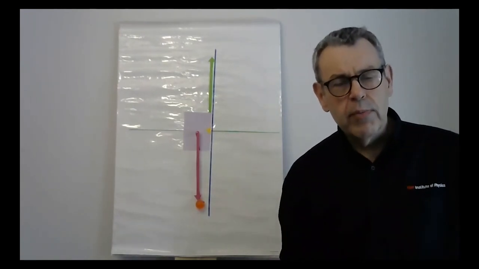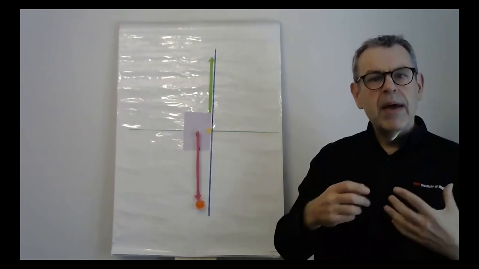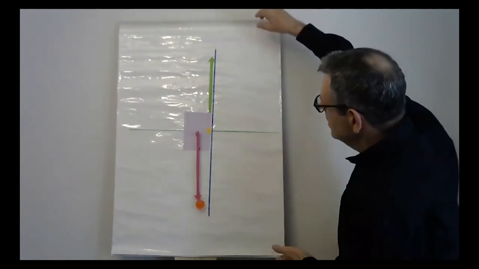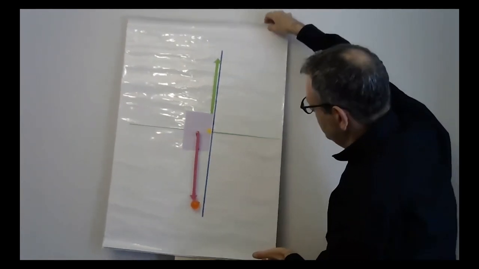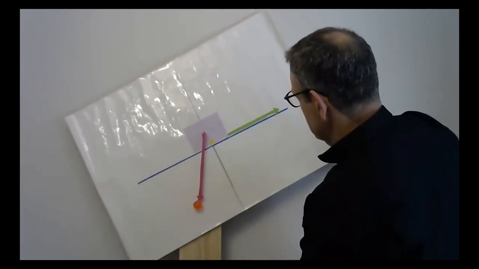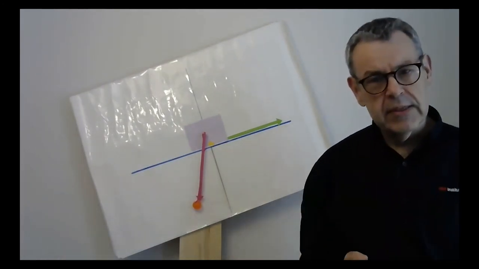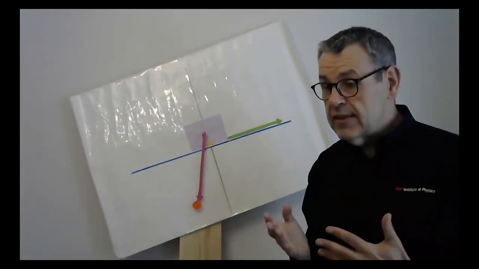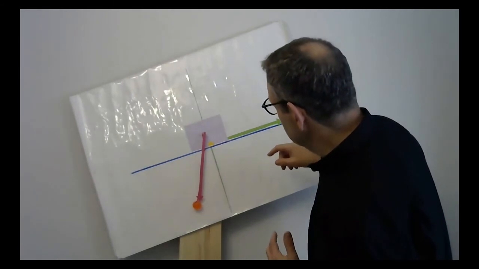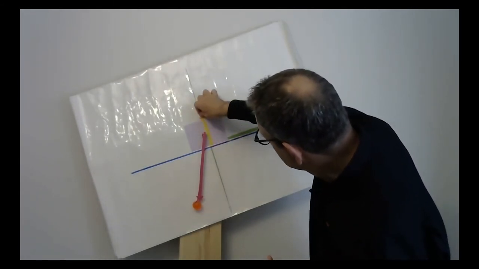However, for the types of problems we're looking at, more often than not, we're going to have the ramp at some intermediate angle. So let's return the ramp to somewhere in between, and consider what's happening with the forces there. So still, we need a support force.